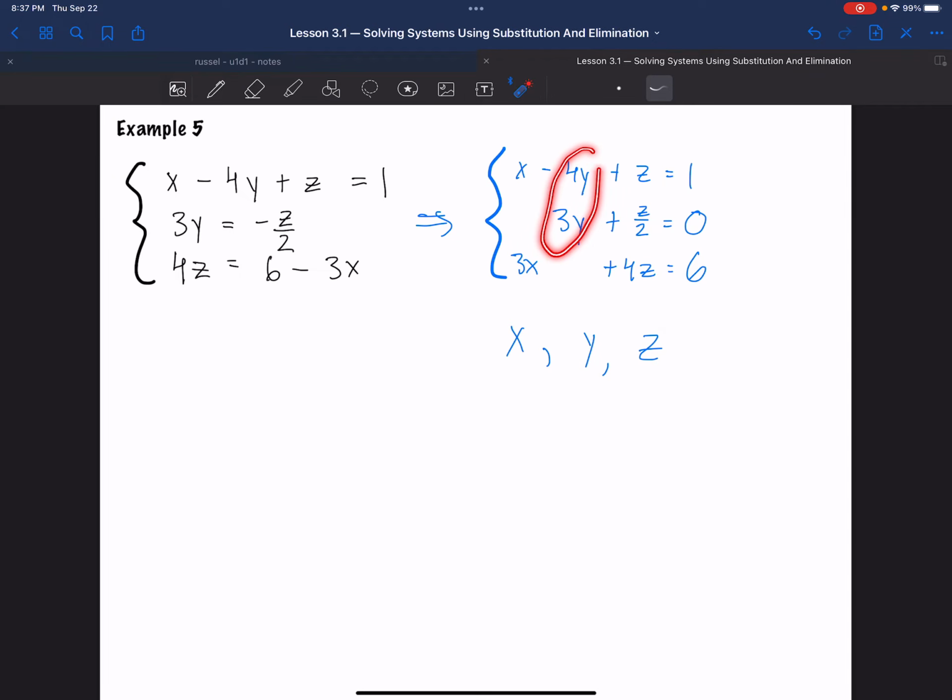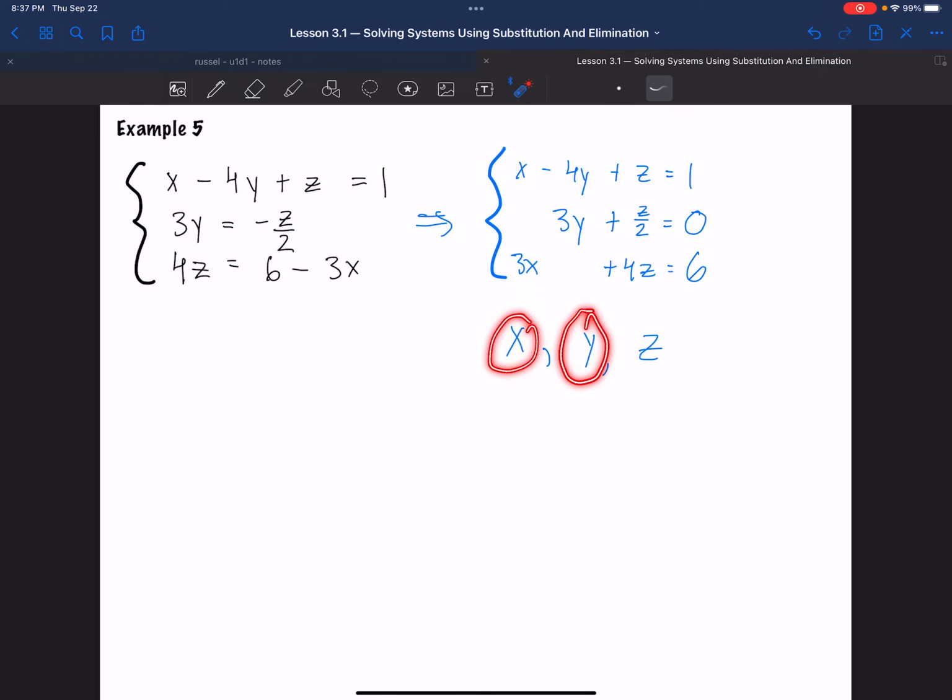If I eliminate y, I'll have a system of x and z that I could solve. And if I eliminate z, maybe I would have a system of x and y that I could solve. However, I don't actually think that happens in this problem. If you play around with the z, I think you can eventually get to just x and y, but it's going to be more work.